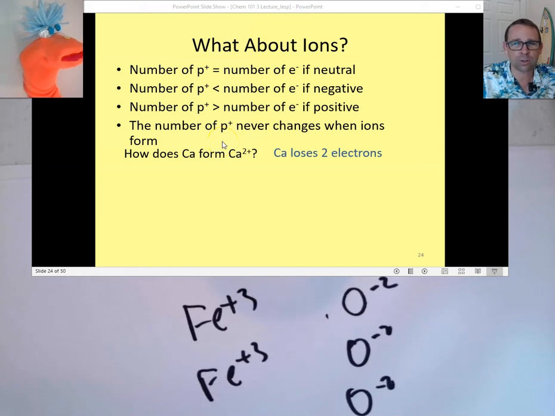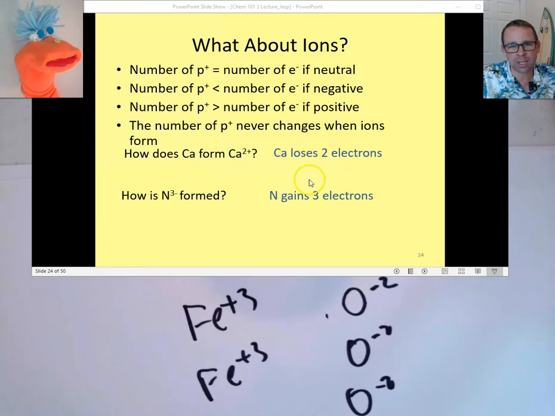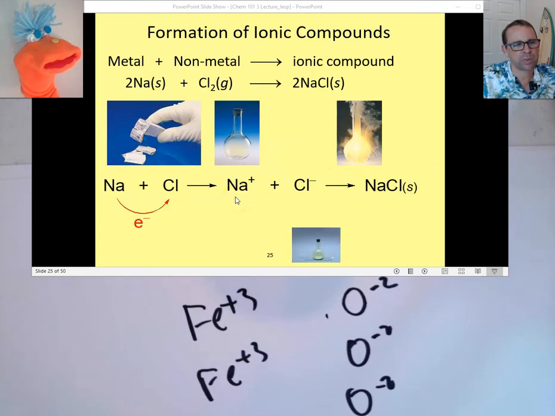Very good, because it doesn't gain or lose protons, right? How about nitrogen 3-? What is that? That's gaining 3 electrons. Very good. So we can know from the element to its ion whether it gained or lost electrons.